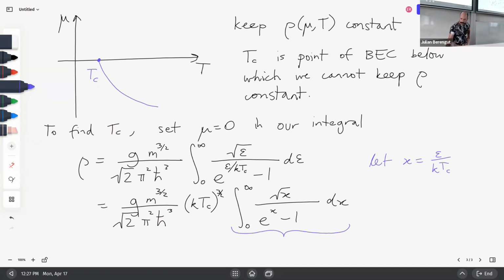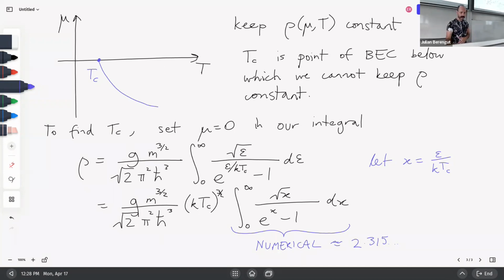The value, you do it numerically, you get approximately 2.315. Some number.